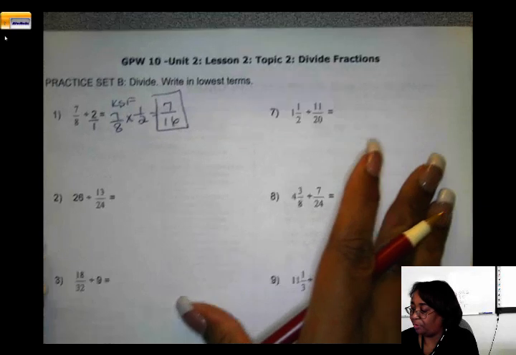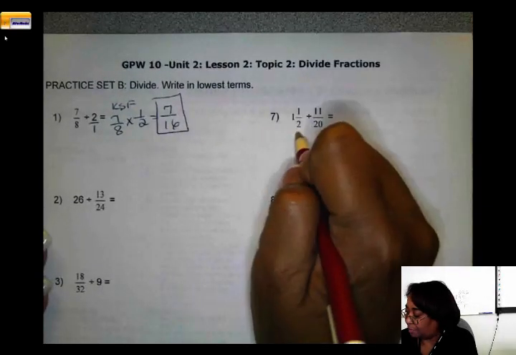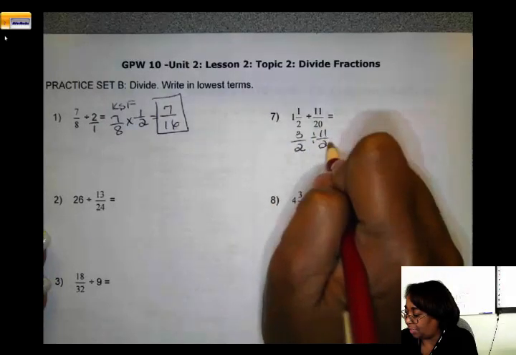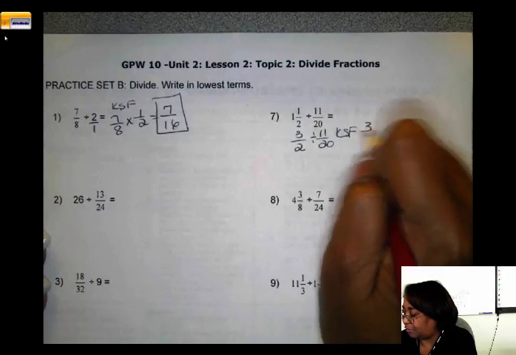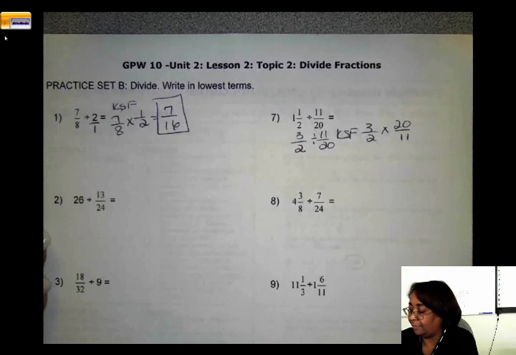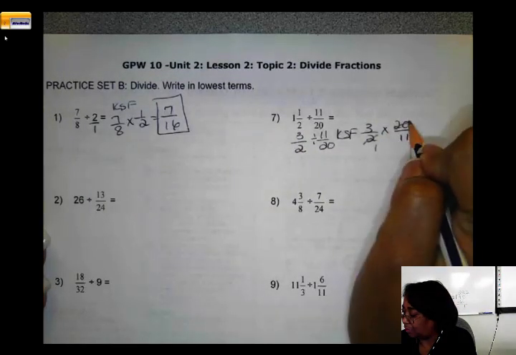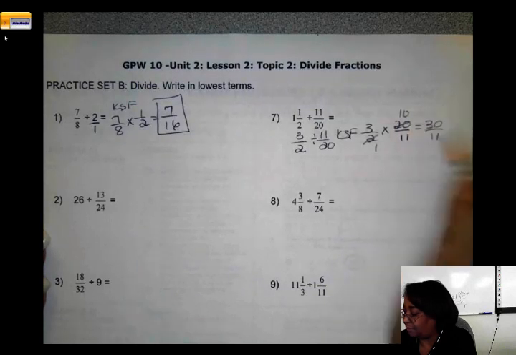On problem number 7, right next to it, we can use that as an example. This becomes 3/2 divided by 11/20. Then I'm going to keep, switch, and flip. I get 3/2 times 20/11. I'm going to cancel out the 2 and the 20 by 2. This gives me 30/11.